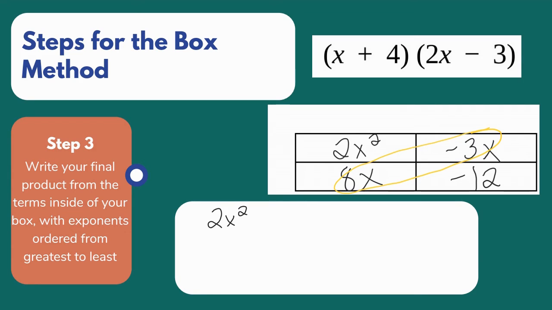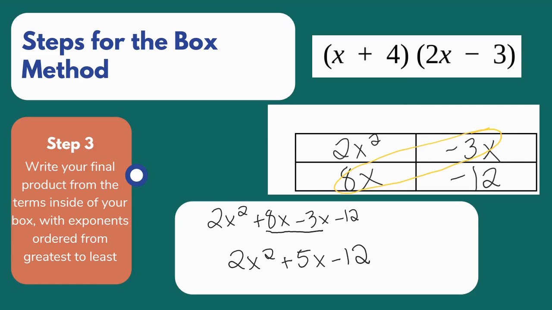We have 2x squared, a positive 8x, a -3x, and a -12. Let's combine these like terms in the middle. 8 minus 3 is 5, so we have 2x squared plus 5x minus 12. And our exponents are ordered from greatest to least. Here's greatest, here's least. So this is our final product, and we are done.